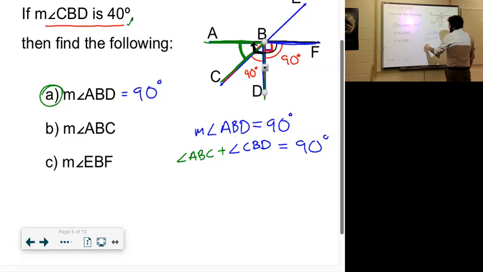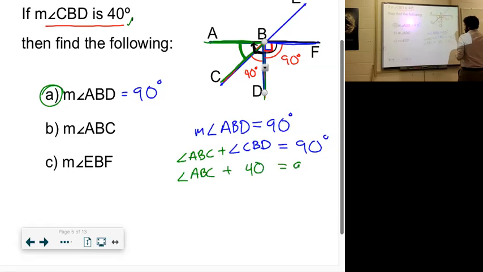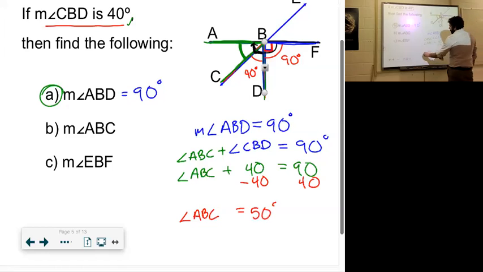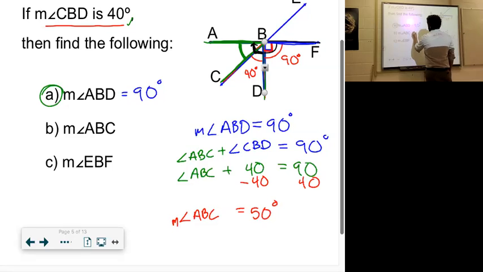So then I could say angle ABC plus 40 degrees is equal to 90 degrees. And now we use a little bit of algebra and we solve for the measure of angle ABC. So I'm going to subtract 40 degrees from both sides. And then I'm left here with angle ABC is equal to 50 degrees, right? So that would be the measure of ABC is equal to 50 degrees. The diagrams unlock all the information for us. That's really where we need to focus.